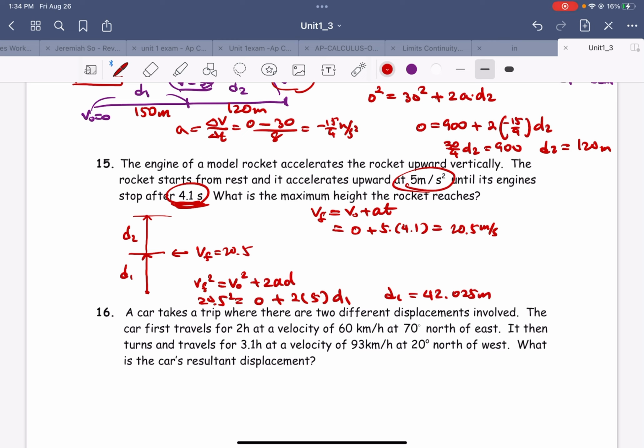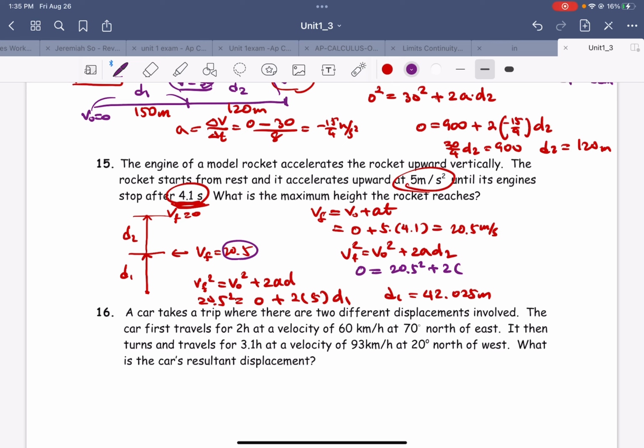Now D2, when the engine stops. Then you can use this formula again. Final velocity will be 0, right? When it reaches the maximum height, there's no vertical velocity any longer. Let me write down this formula again. For D2, your final velocity is 0, and the initial velocity we found is 20.5, so 20.5 squared plus 2 times the acceleration.